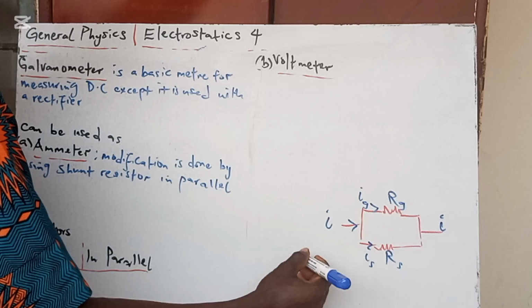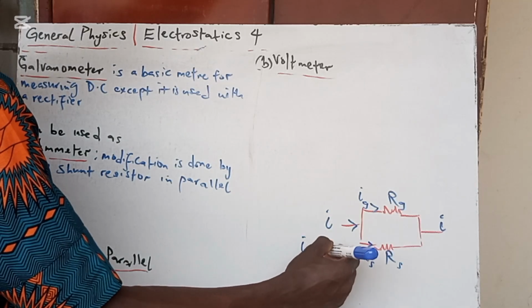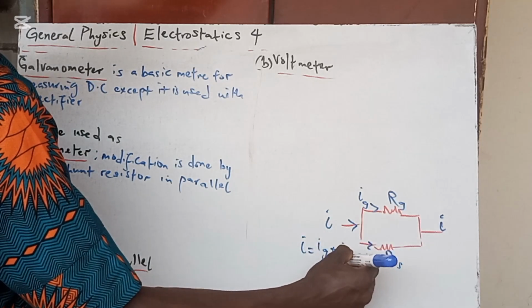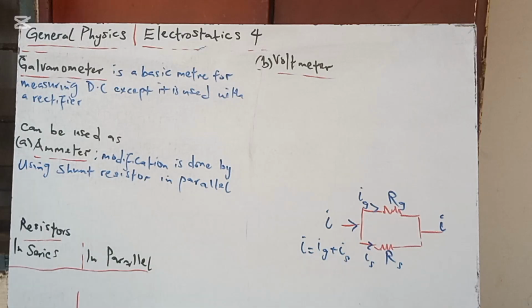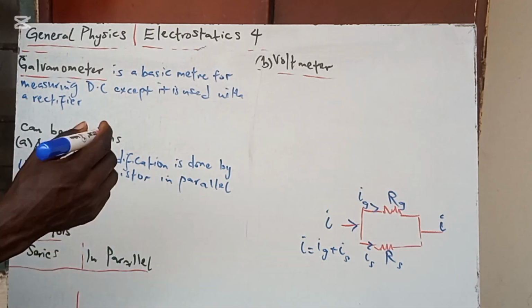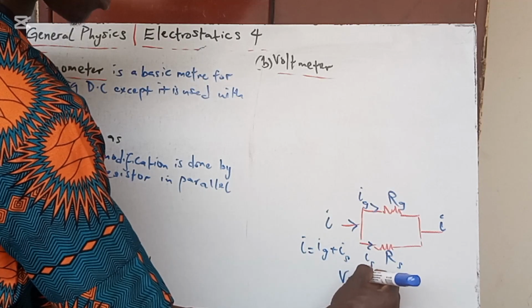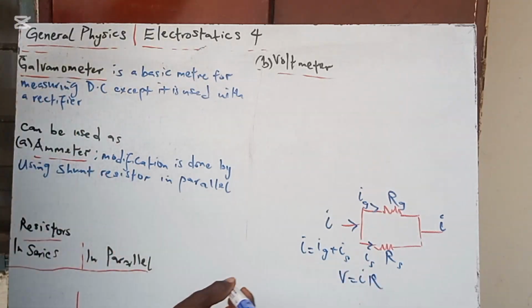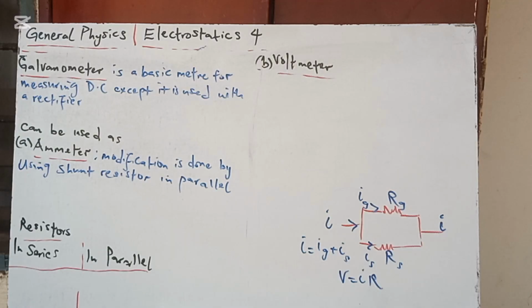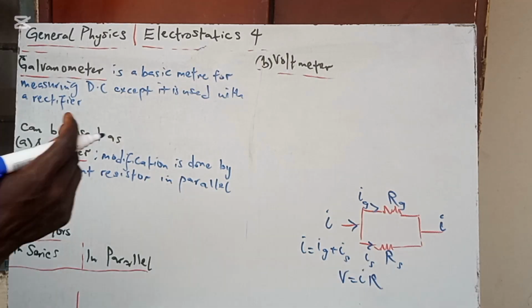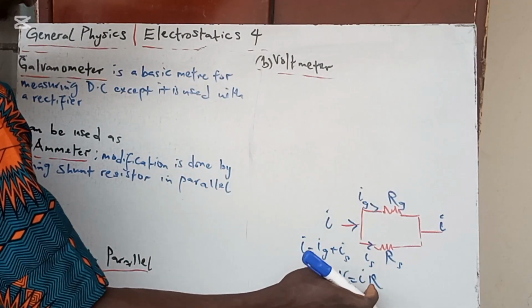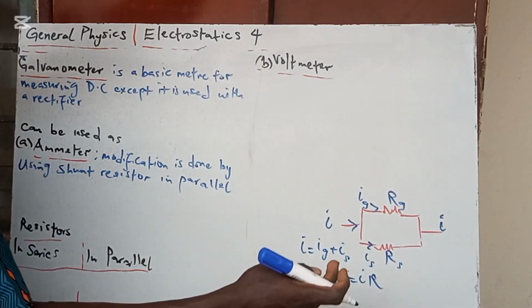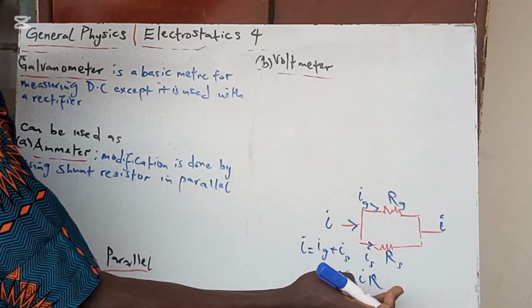So what's that telling us? It's telling us that I equals Ig plus Is. From there you can prove some formulas. With our normal Ohm's law, V equals IR, but in this case we have Ig, Is, Rg and Rs, the currents and resistors for both galvanometer and shunt.